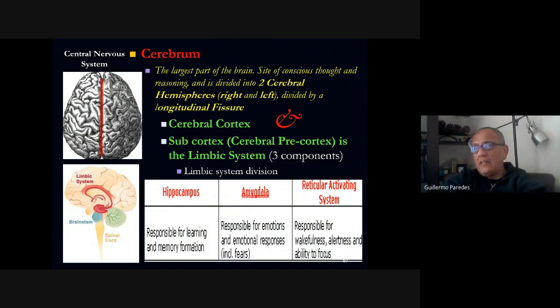Until it heals, it takes weeks, even months sometimes, and you start to recover your memory. The long-term memory is located in the temporal lobe itself, not in the hippocampus or the limbic system. This limbic system is the one activated during arousal for sexual intercourse. So that is the limbic system.